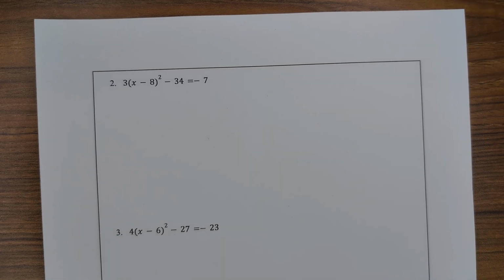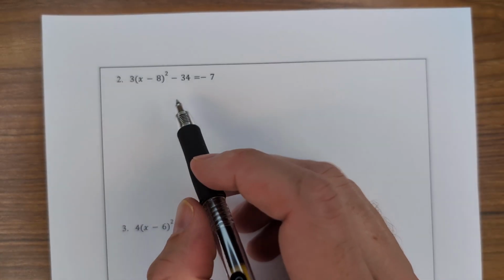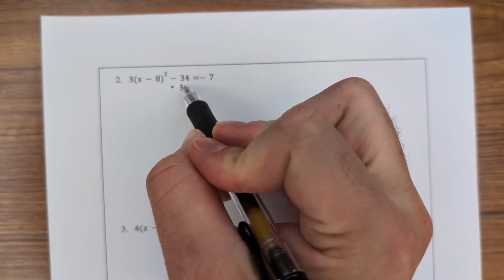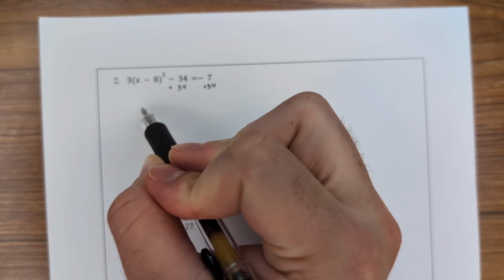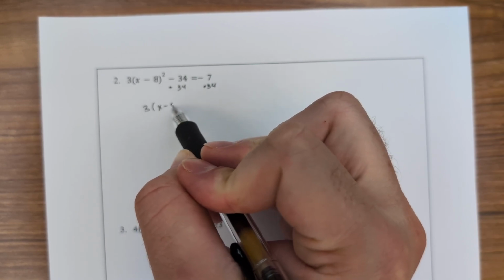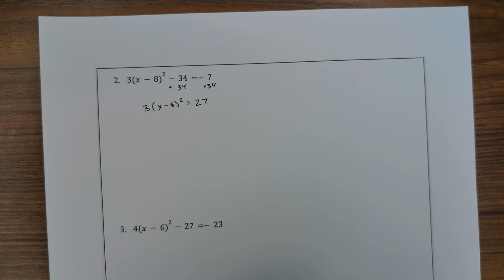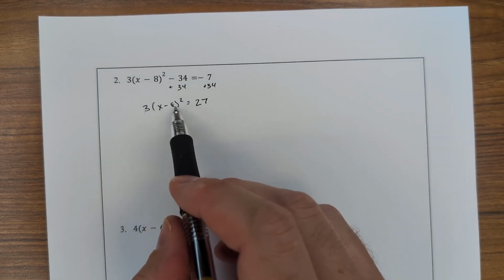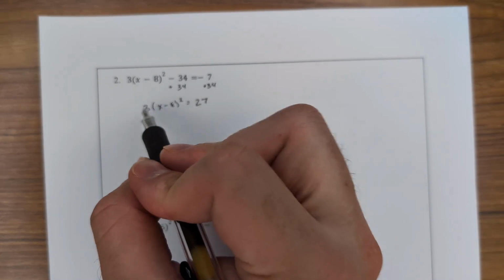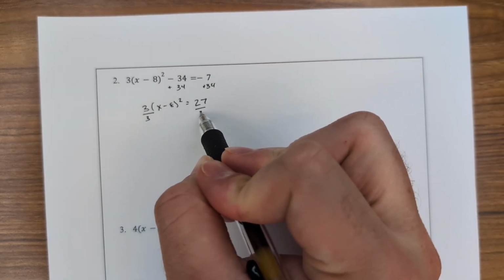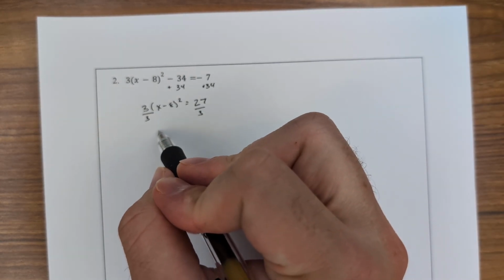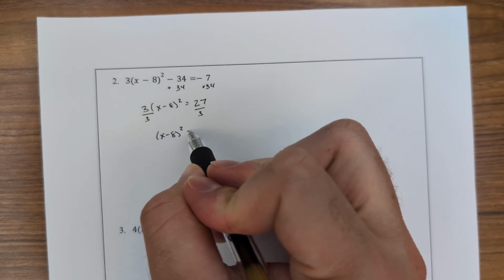Okay, so let's look at number 2 here. My first thing is I need to bring the 34 across. So 3 times (x minus 8) squared is 27. Now I cannot distribute that 3 because of the squared. So the next step would be to divide that 3 across, because it's 3 times the parentheses. To get rid of it, I have to divide.